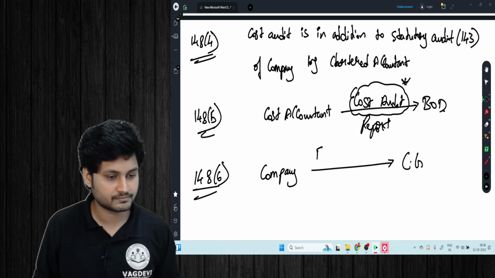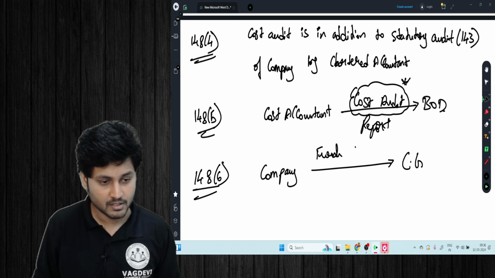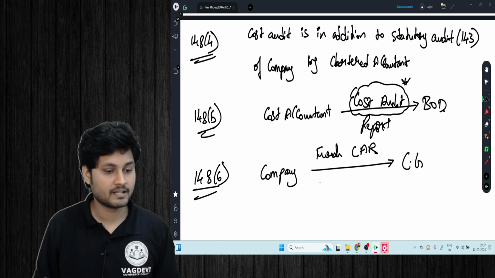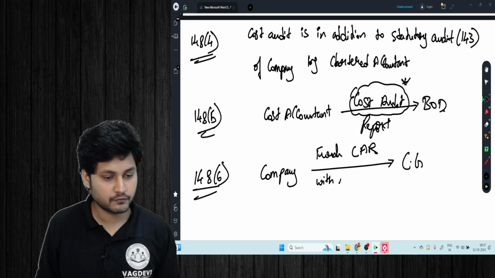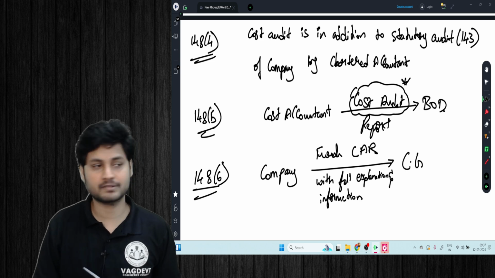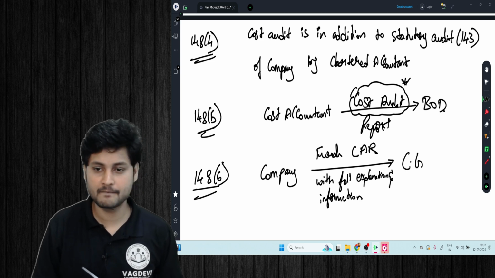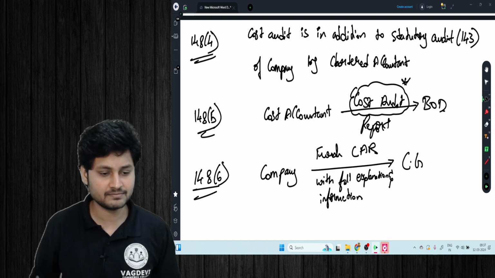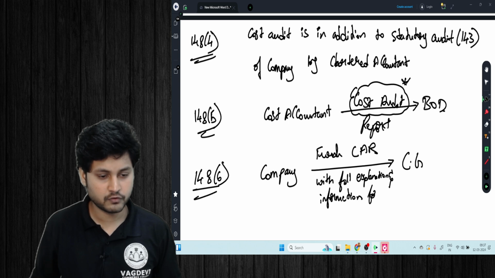Furnish what? Both costs. Yes, furnish the cost audit report with full information and explanation. Full explanation and information for what?